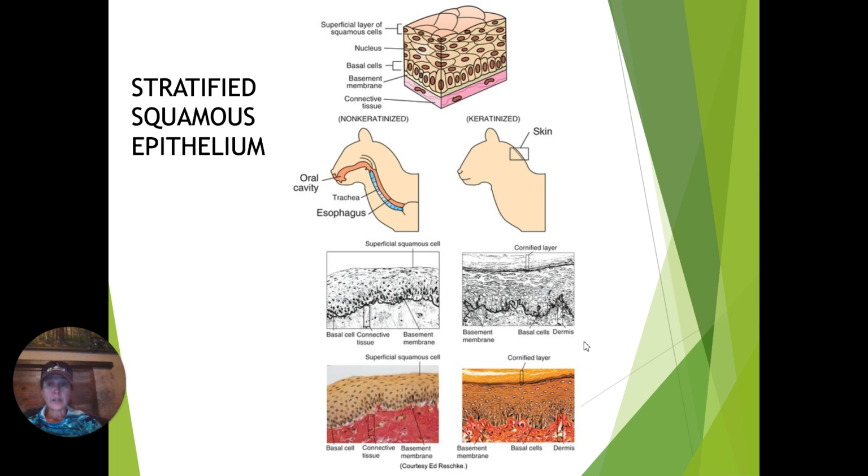Now our stratified squamous epithelium, which are the multi-layered, this diagram here just gives us two different schematics. One of what is considered non-keratinized stratified squamous epithelium, and that's the type of epithelium that you find in oral cavities and in the esophagus. And then what's called keratinized, or that harder epithelial tissue that is highlighted by the skin surface.